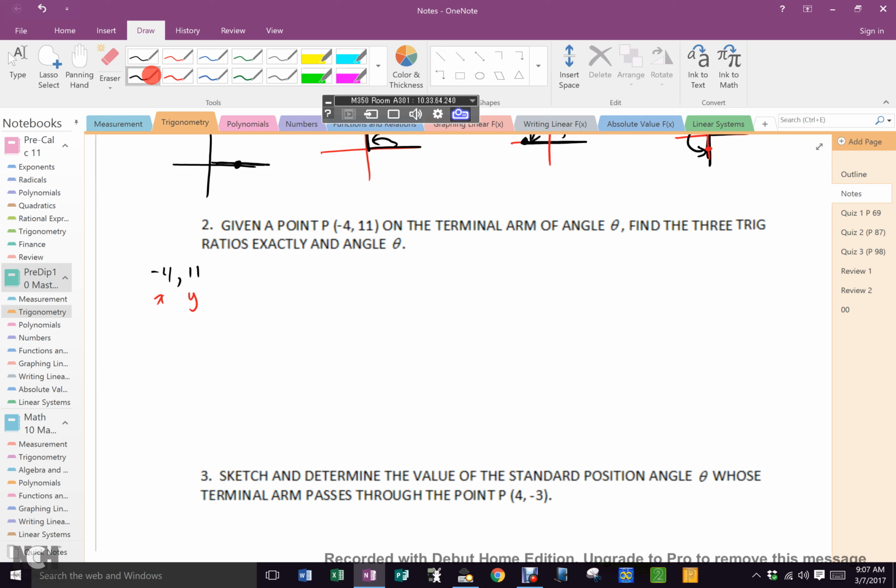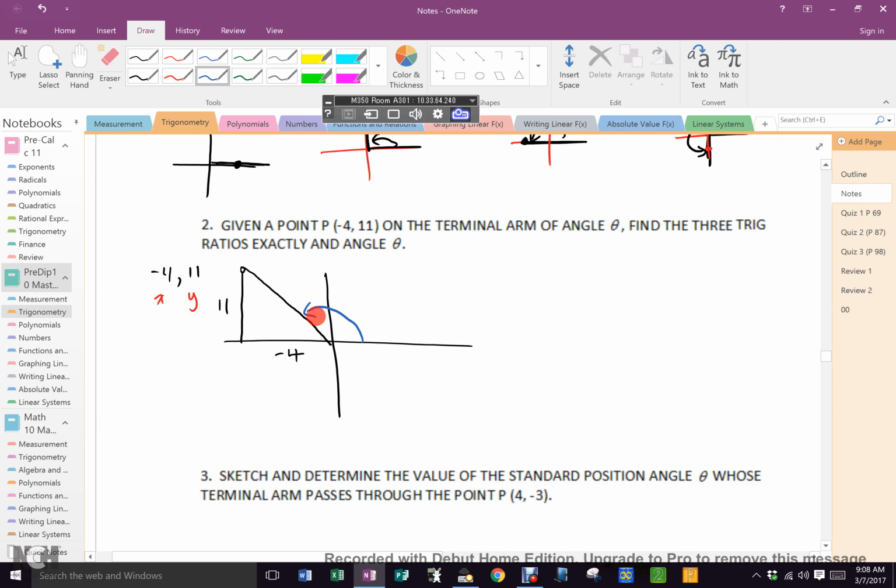If I sketch this, where is negative 4, 11? Which quadrant? Second quadrant. Negative 4 and up 11. Everybody agrees? So this is what we are working with, yeah?